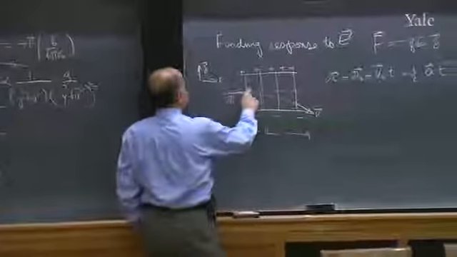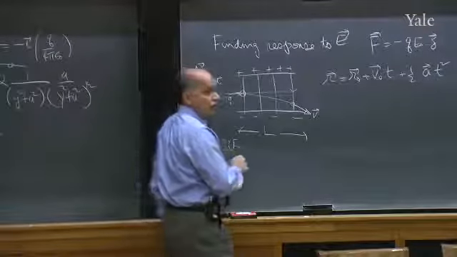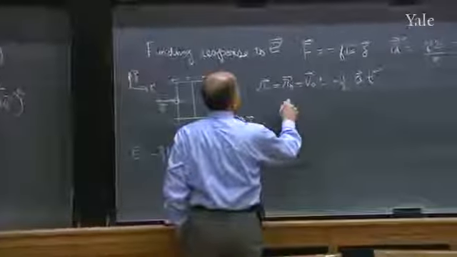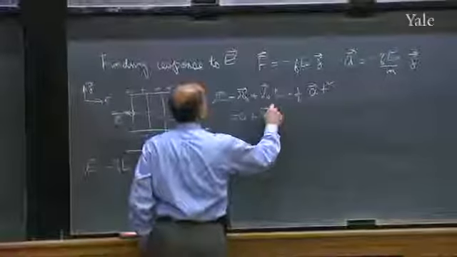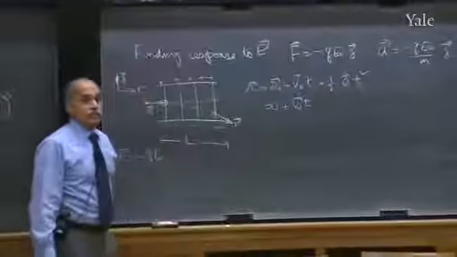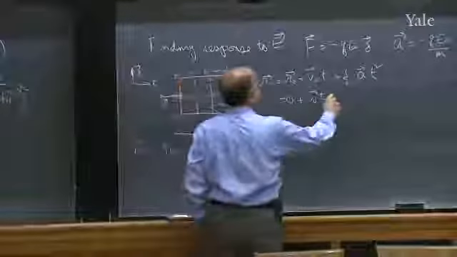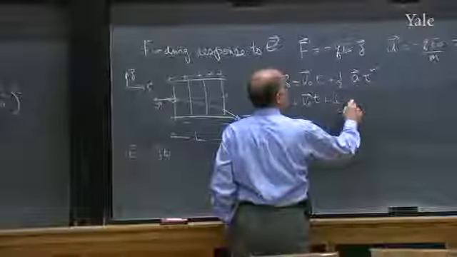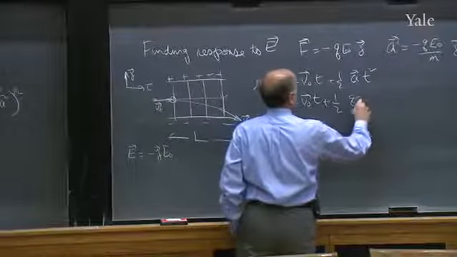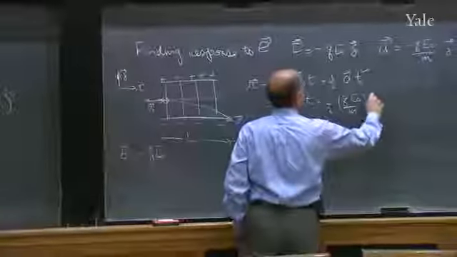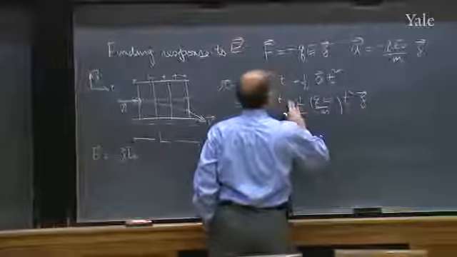So let's say the starting point R0 is our origin. V0 is whatever it was projected in with, plus 1/2 times q E0 over m t square j.